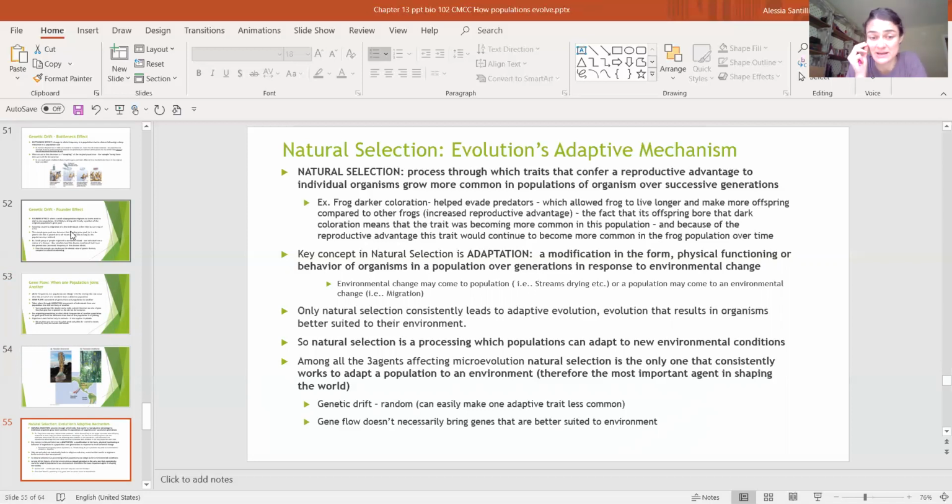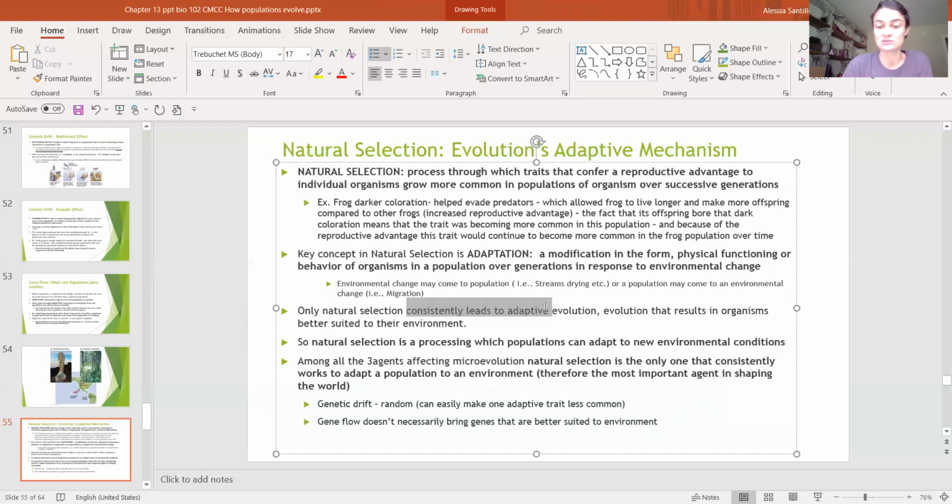For example, an environmental change may come to a population, like streams drying, or a population may come to an environmental change, like migration. All these things contribute to how that population adapts. Only natural selection consistently leads to adaptive evolution. Remember, gene flow and genetic drift are 50-50: could be good adapting, could be bad adapting.